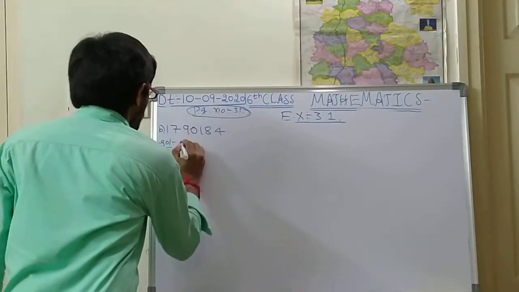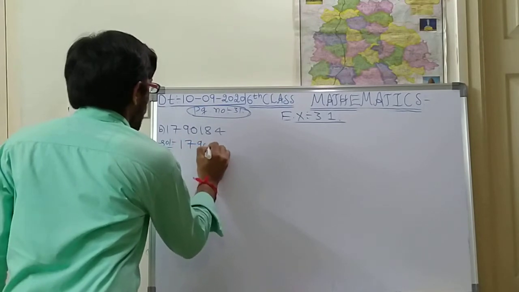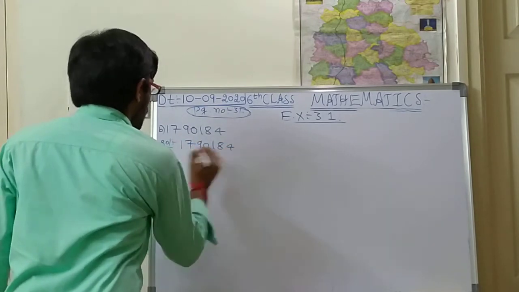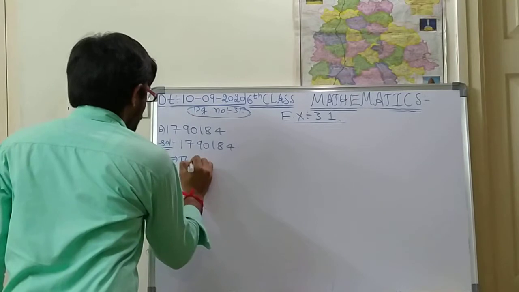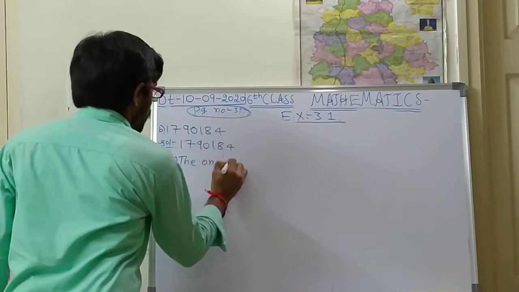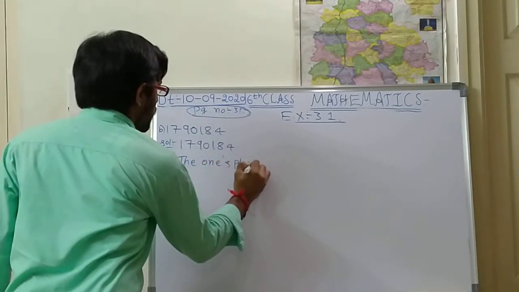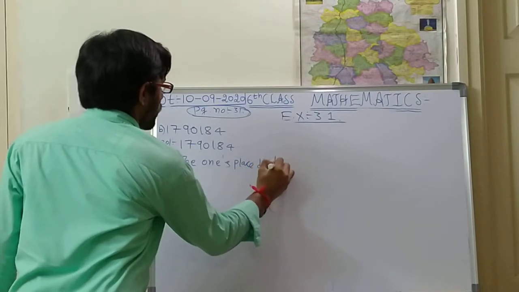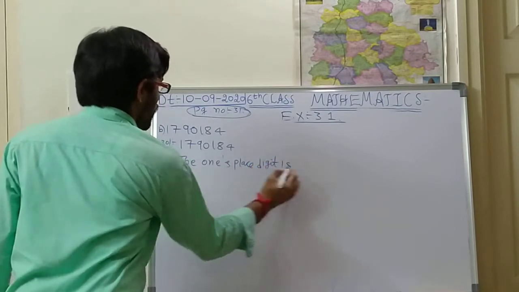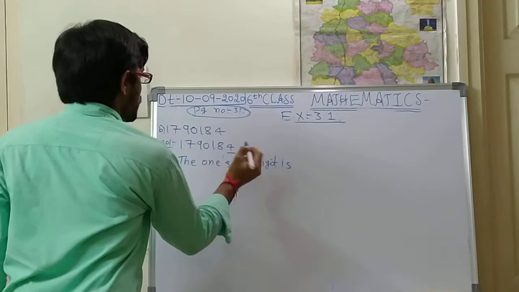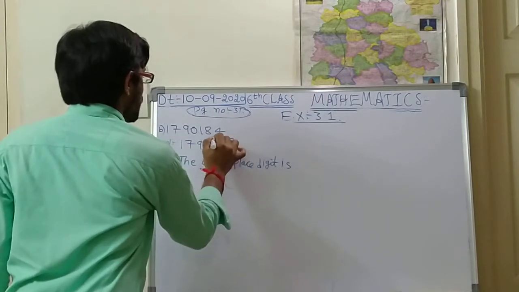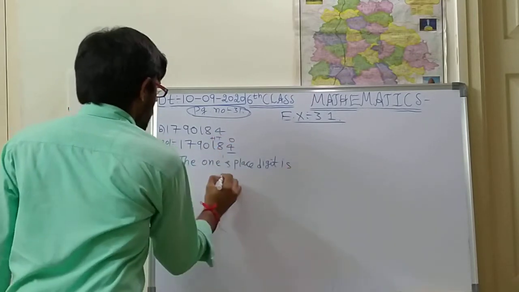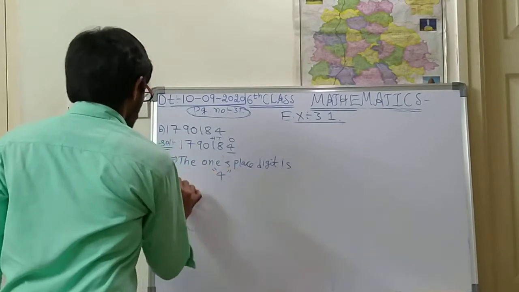So the first question is 1790184. Now, the ones place digit. What is the ones place digit here, children? Ones, tens, hundreds. So the ones place digit is 4.